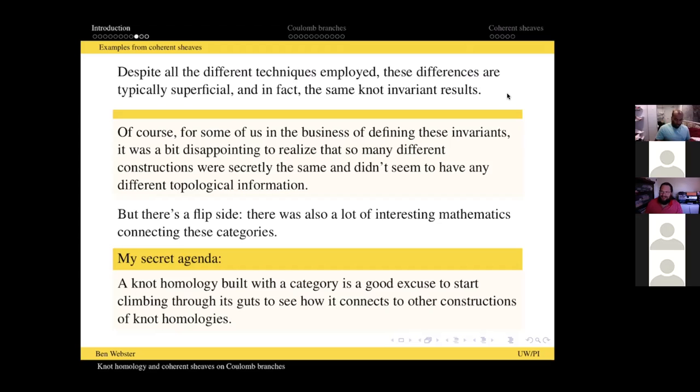And I think I'm just restating Jan's point that knot homology built out of a category is really kind of an excuse to dig into the structure of this category. And if that knot homology is the same as some other one, this is probably telling you something interesting about the relationship between your new category and some other thing out there. It's interesting to compare those, and the knot homology is kind of a motivation to do so.